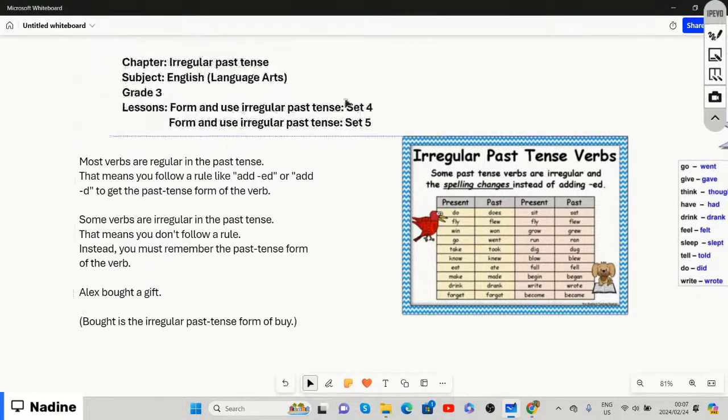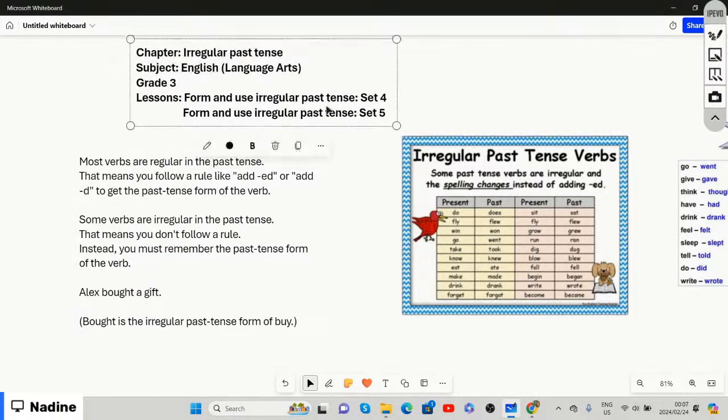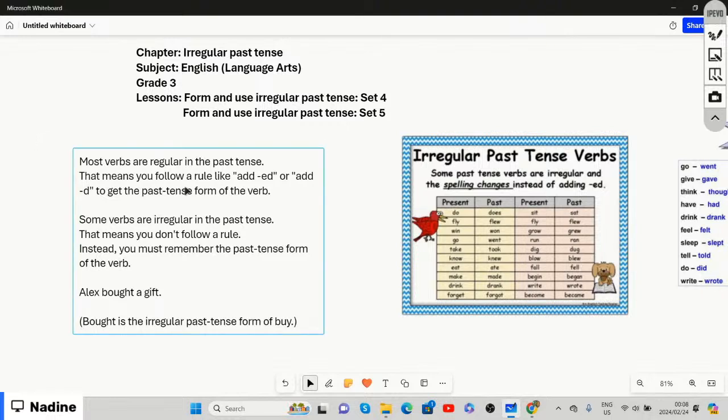All right, so our chapter is irregular past tense. Our subject is English language arts, grade 3, and the lessons that we are focusing on is to form and use irregular past tense, and that is going to be set 4 as well as set 5.